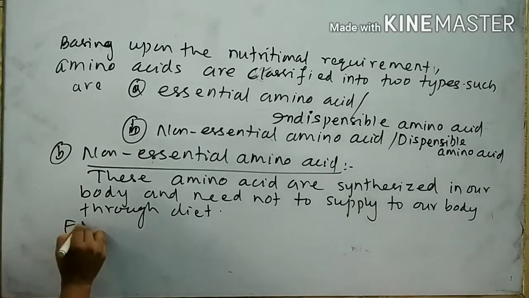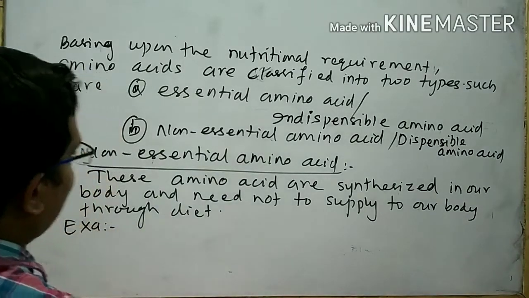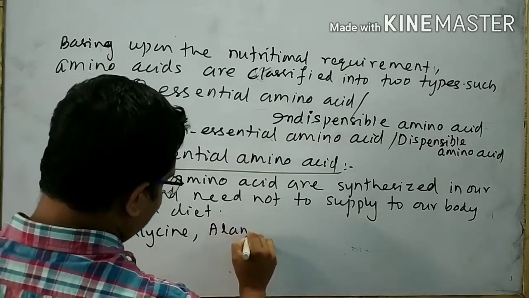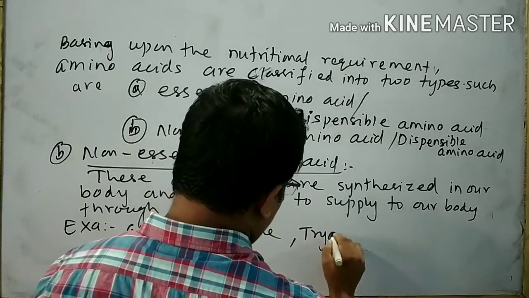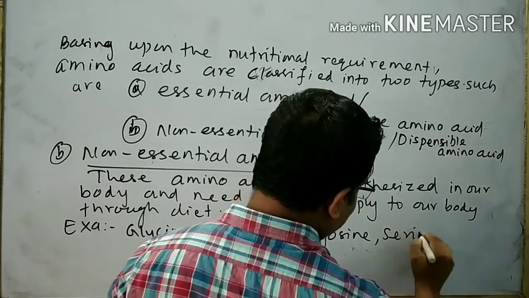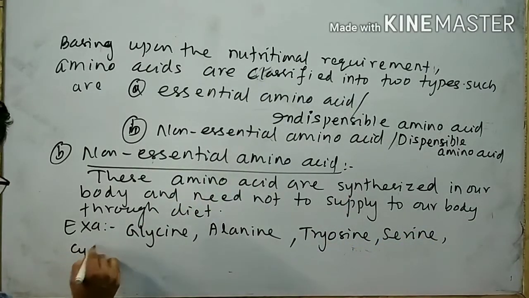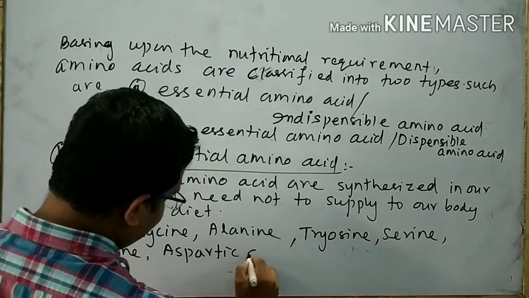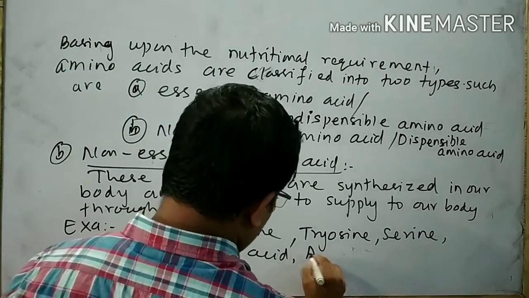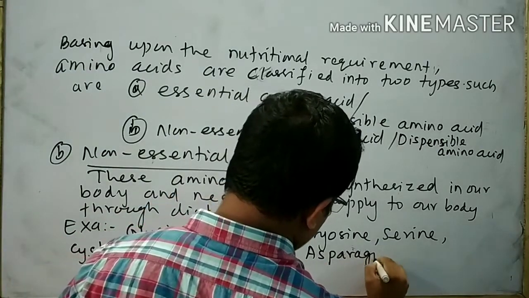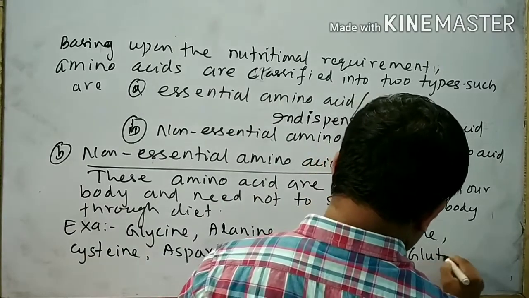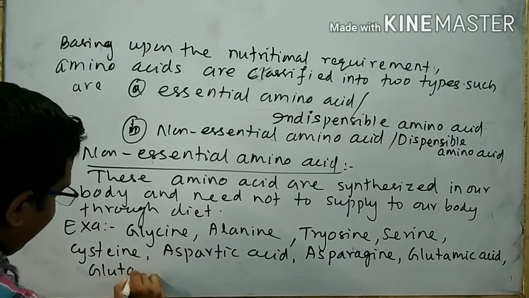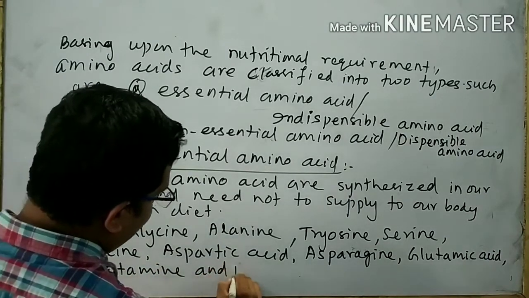The examples of non-essential amino acid are glycine, alanine, tyrosine, serine, cysteine, aspartic acid, asparagine, glutamic acid, glutamine, and proline.